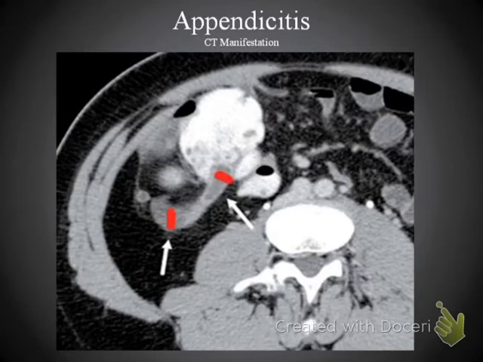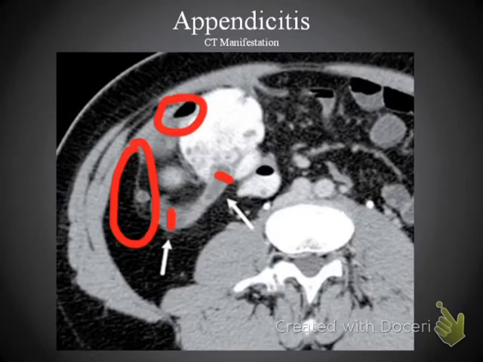So obviously this is appendicitis, and this could possibly be some stranding here. And we do see that we have air here, and we're really not getting a good idea of what the etiology is for that air. Hopefully it's not a perforated appendix, but we really can't tell from this solitary image.